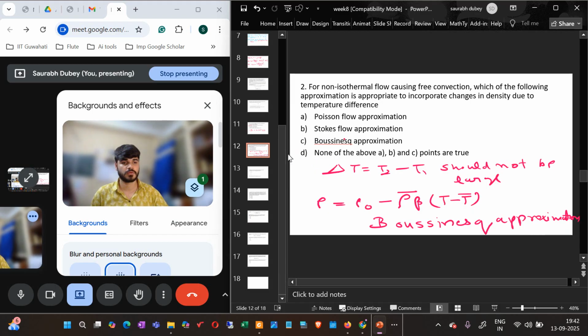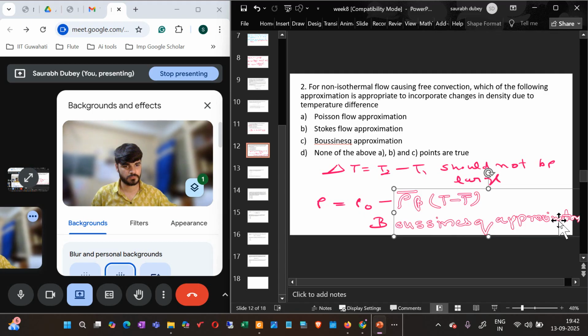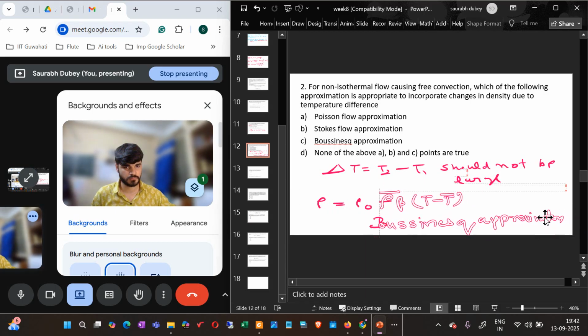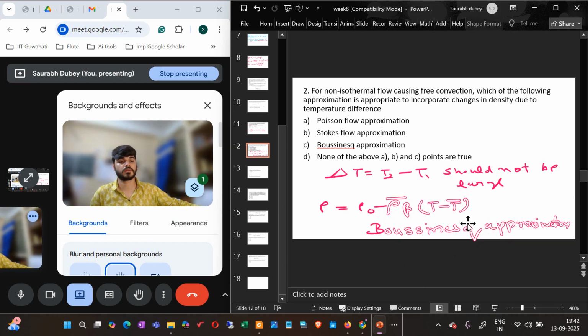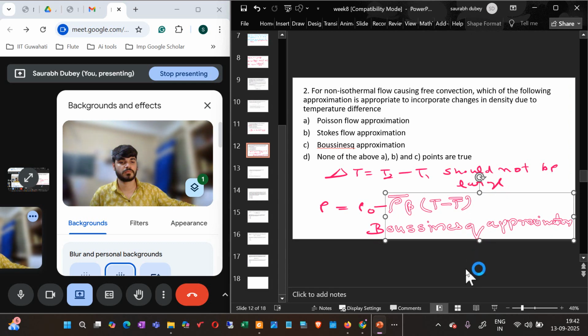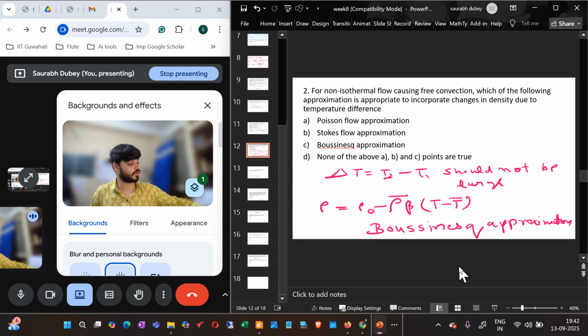Okay, so no issues. So option C is correct answer, right?